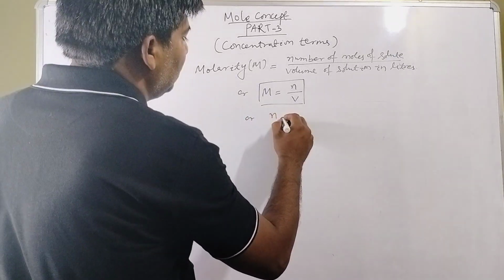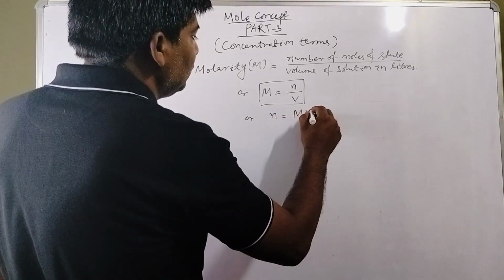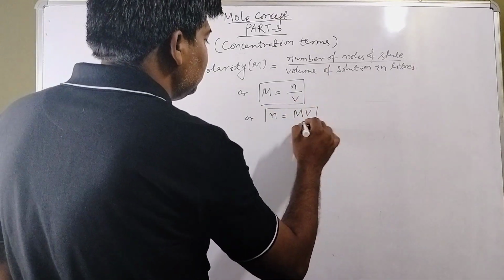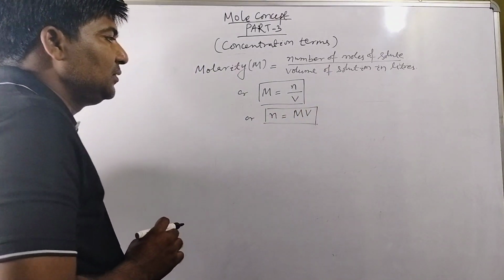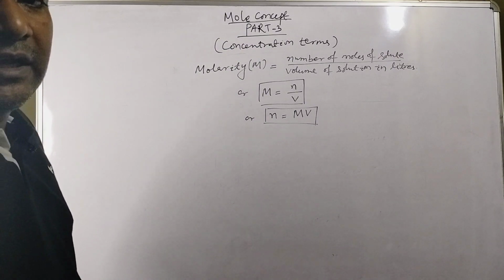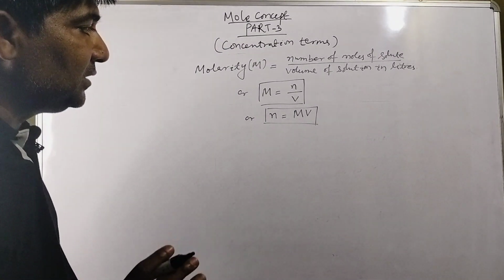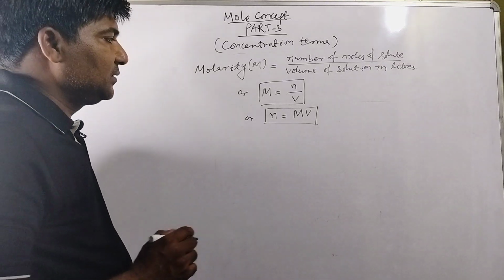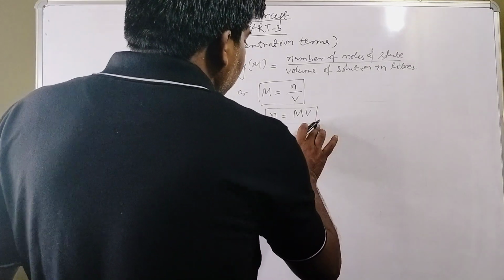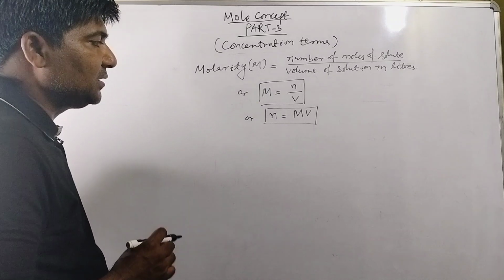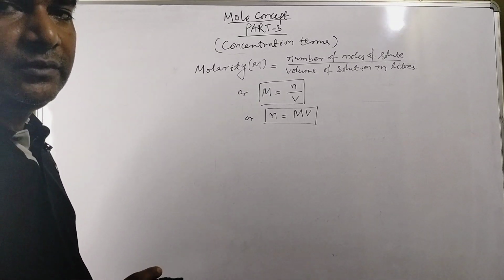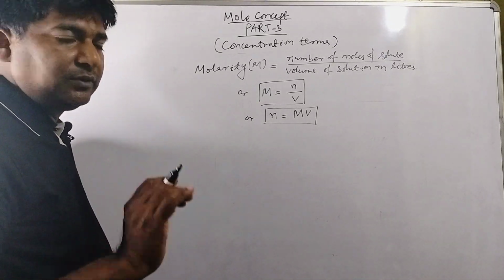Or number of moles is equal to molarity into volume. This is very important. Sometimes molarity is given and volume is given in milliliters, so in that case you have to convert volume into liters. Okay. So let us understand this concept by means of one simple example.